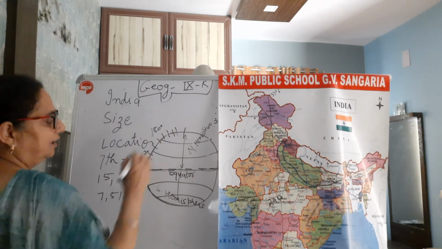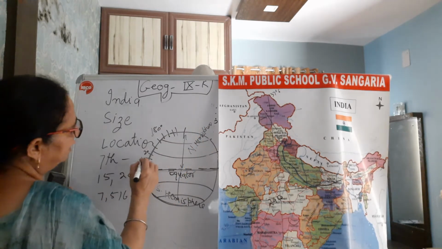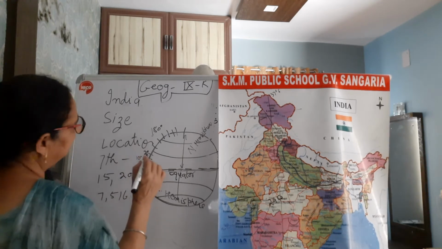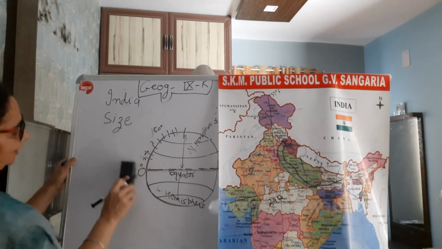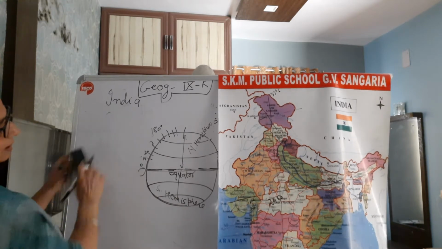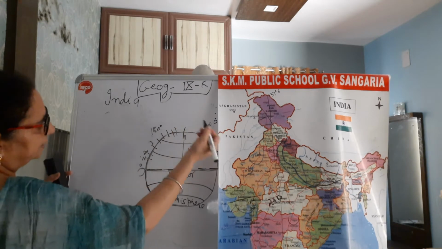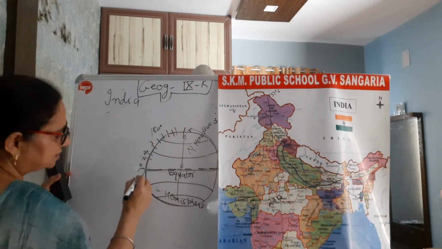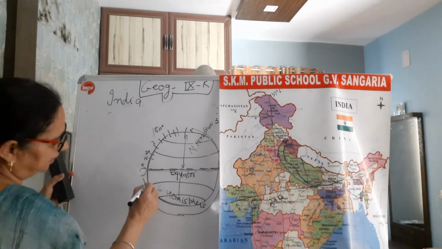Likewise here also, it covers all 180 degrees. So accordingly we will write 10 degree north, 20 degree north, and here are the degrees that will cover these areas.